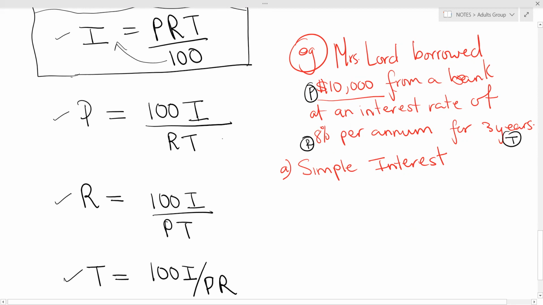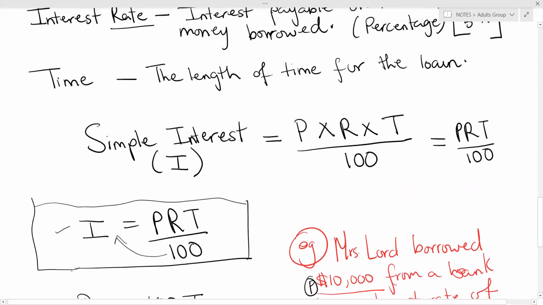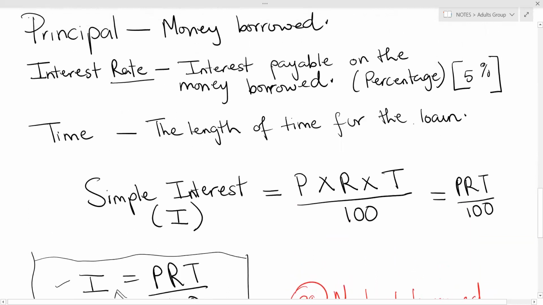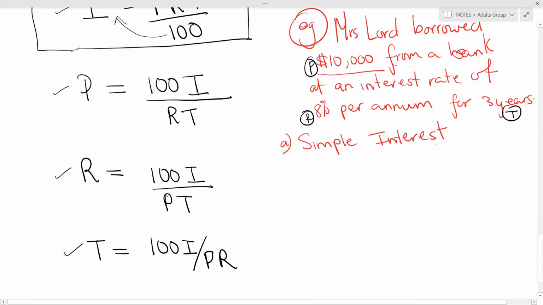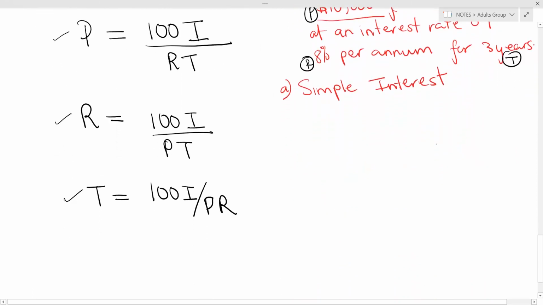It's key to remember that time is calculated in years. Put that in. That will be very important moving forward. So when you see 3 in your formula, that 3 should represent years.